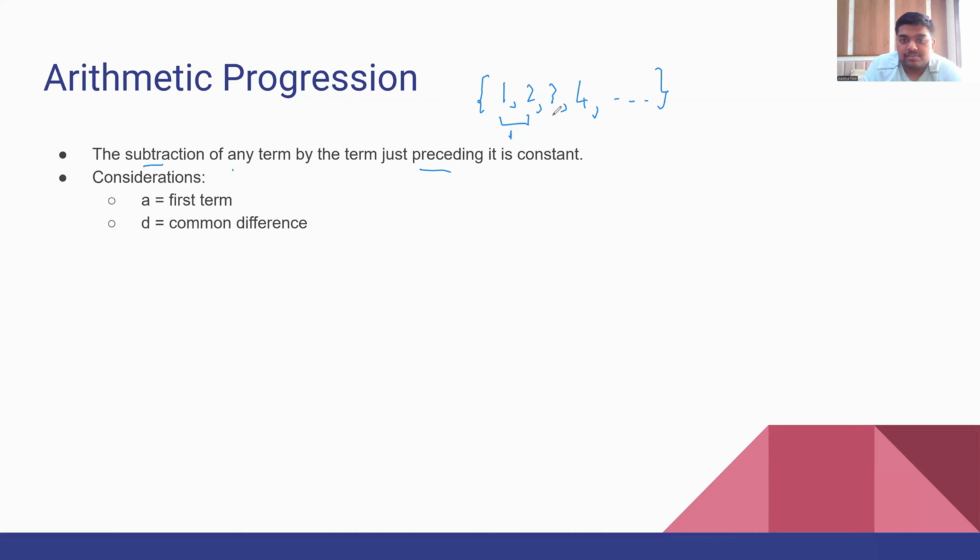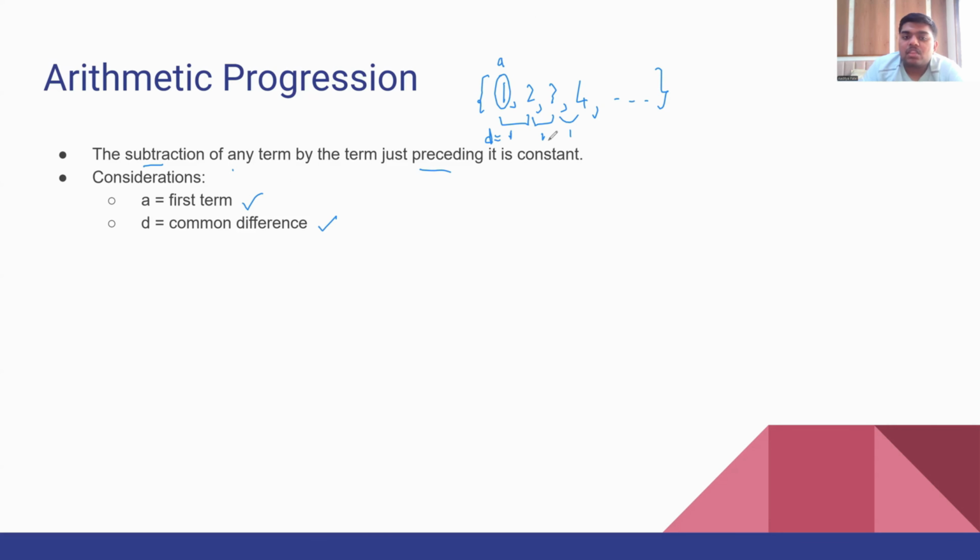So difference is 1. Here it is 1. Here it is also 1. Correct? Now, we consider A as the first term and D as the common difference. So in this particular sequence, the first term is 1, this is equal to A, and the common difference D is also equal to 1.